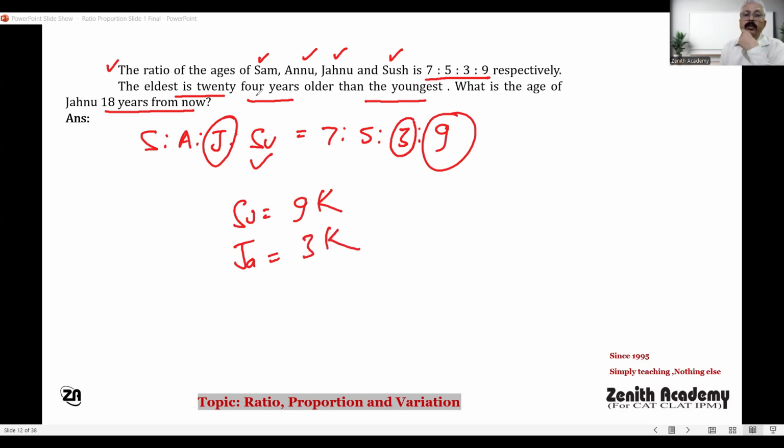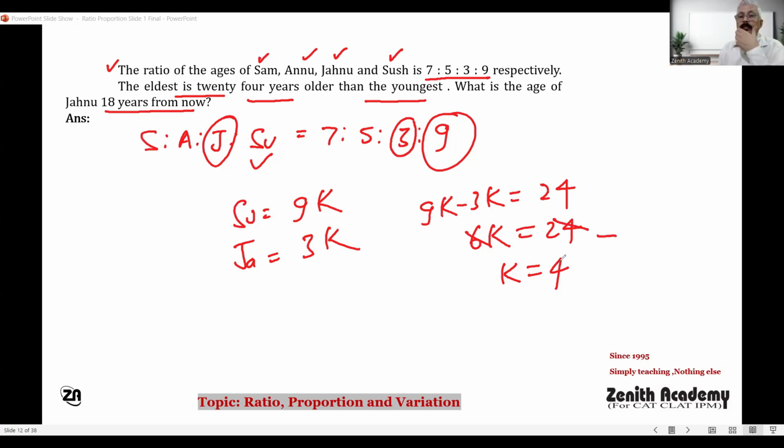Here it is given the eldest is 24 years older. It means 9k minus 3k is 24, so it is 6k equals 24, so k is 4. Now the question is, what is the age of Janu after 18 years?